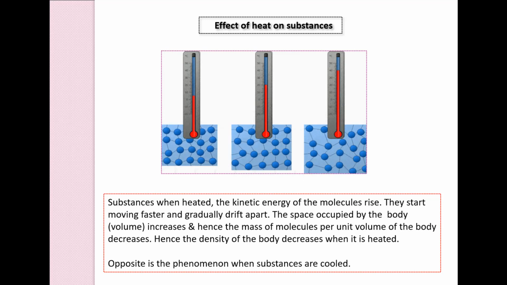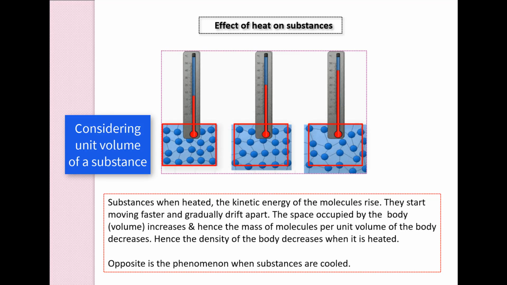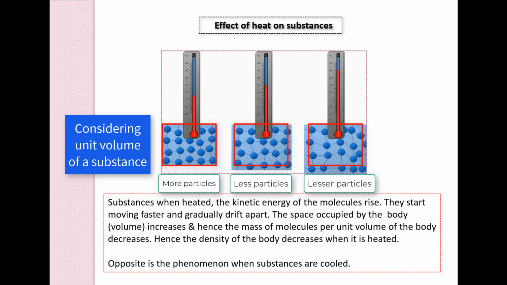But the number of molecules remains the same in all the three figures, the first, second and the third. But if you consider unit volume of the substance, then the particles are more in case of the first figure and gradually the least in case of the third figure.